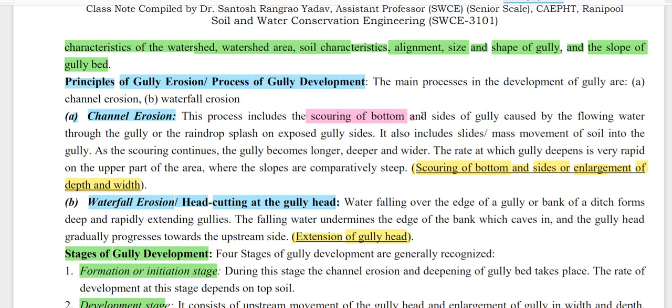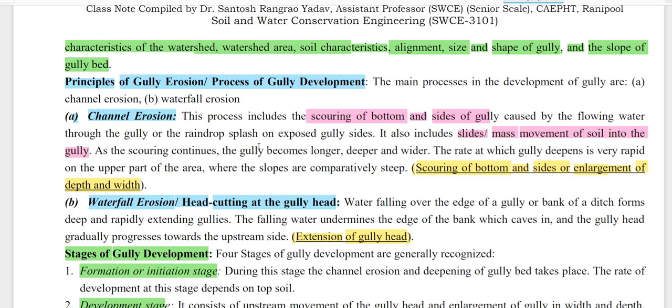Scouring of the bottom and sides of the gully is caused by water flowing through the gully and raindrop splash on the exposed gully side. It also includes slides or mass movement of the soil into the gullies.